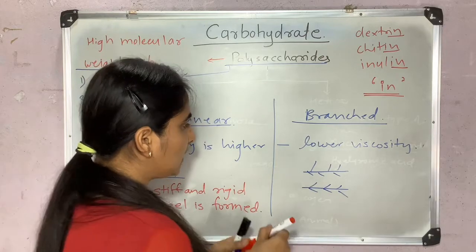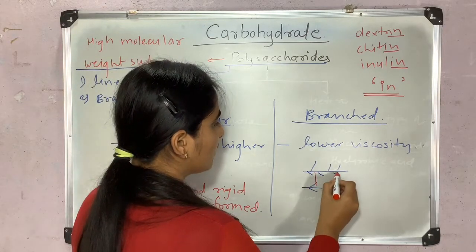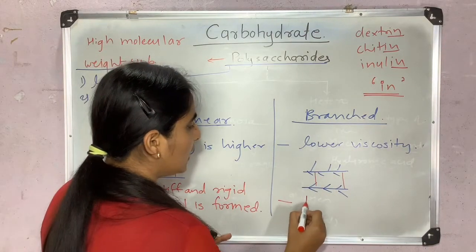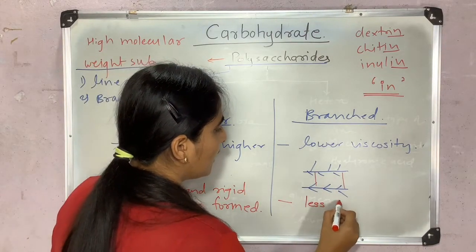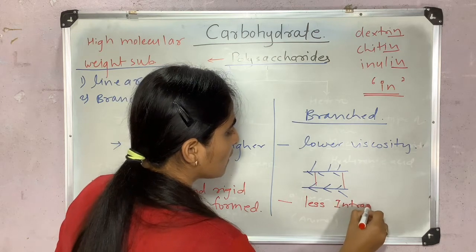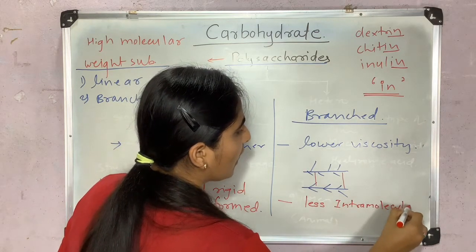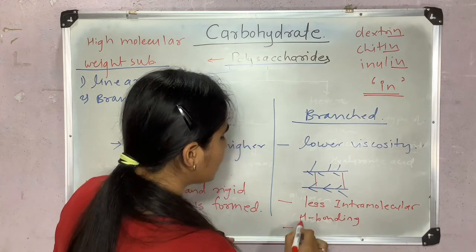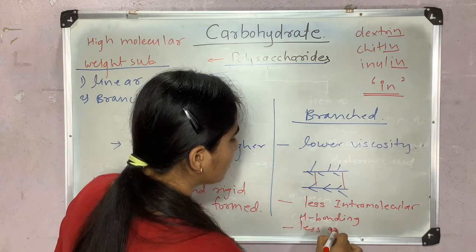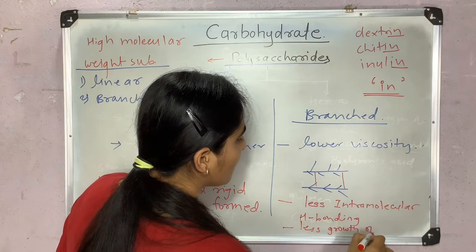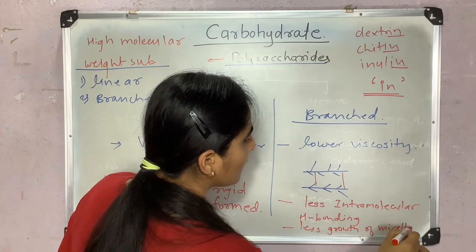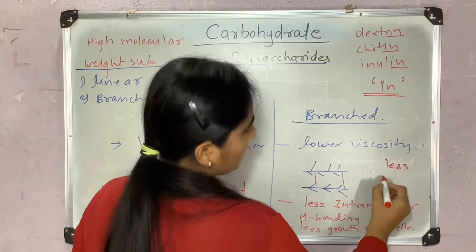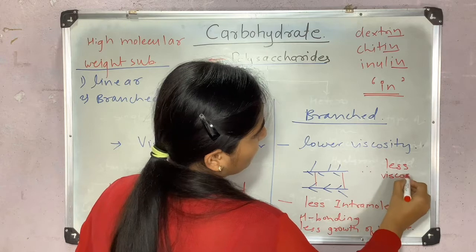Therefore, there is less hydrogen bonding between these two parallel chains, and therefore less intramolecular hydrogen bonding, and therefore less growth of micelle, and therefore less viscosity.